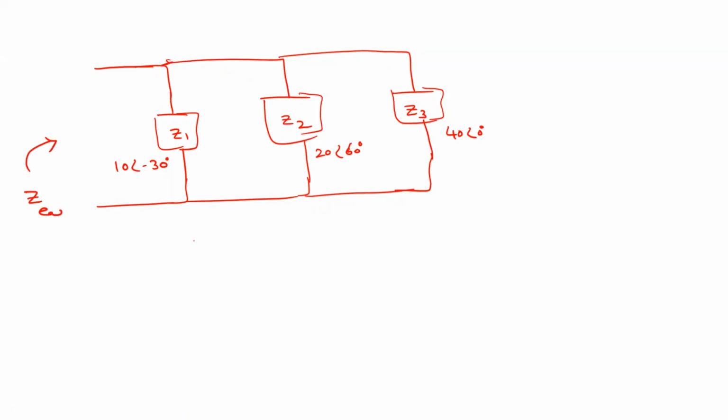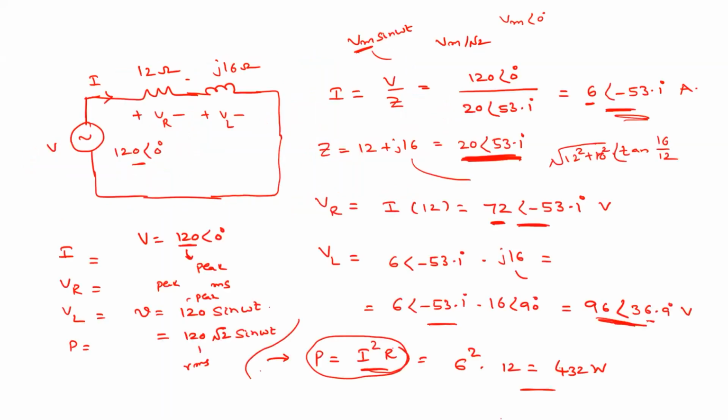Sir, in the previous page, when we were calculating the voltage, when the two angles got multiplied, they actually got subtracted. I did not understand that part. Which one? Here 90 minus 53, why? If two quantities having their own angles are multiplied, then the angles will be added.